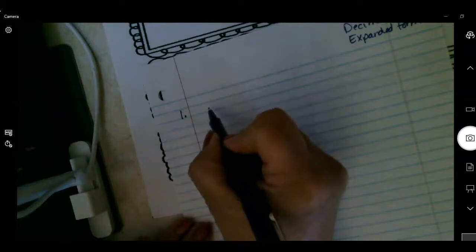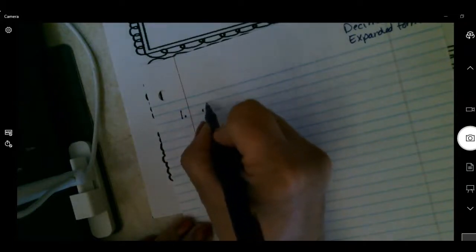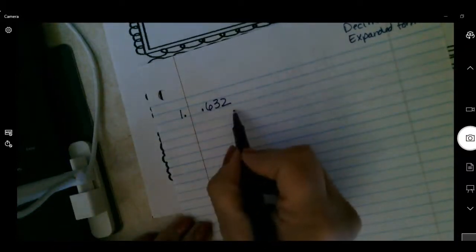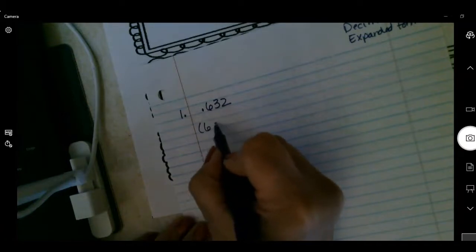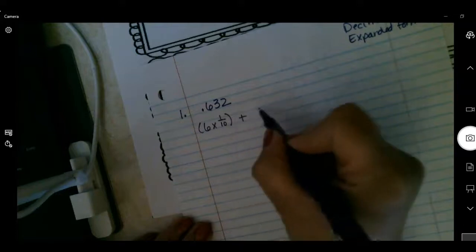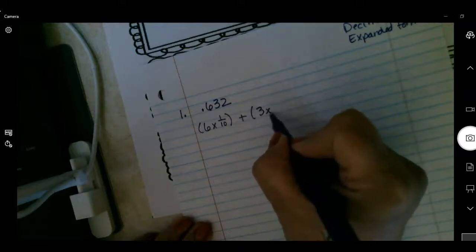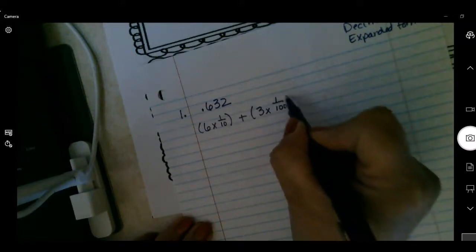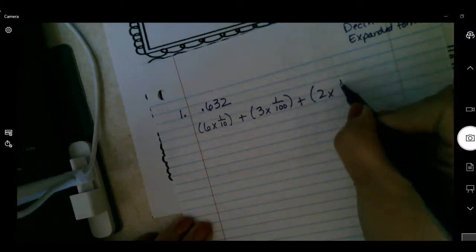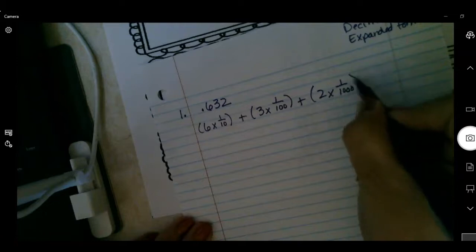And I'm going to go ahead and put the decimal number there, 0.632, okay? I'm going to skip one line. There are no whole numbers, so this is going to be 6 times 1/10 plus 3 times 1/100 plus 2 times 1/1,000.